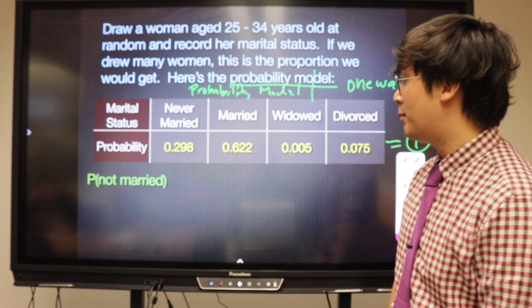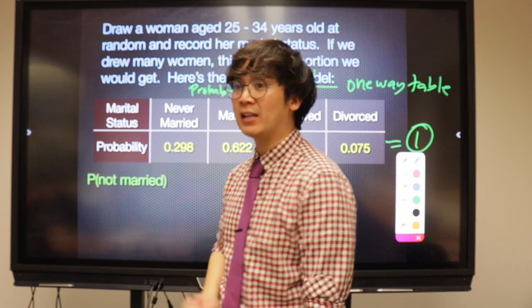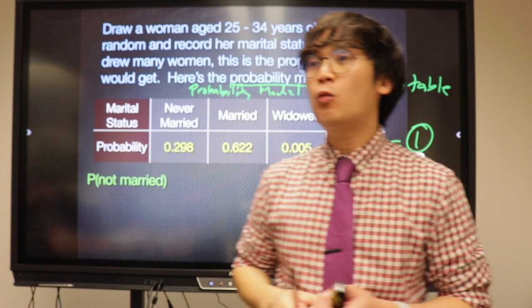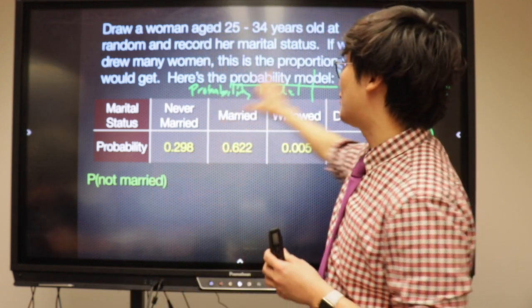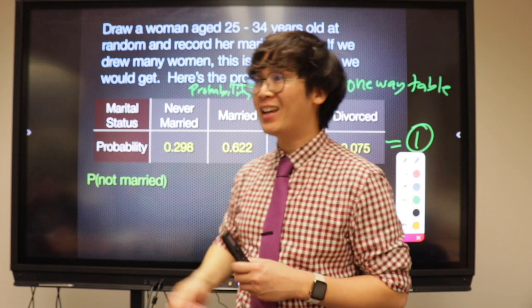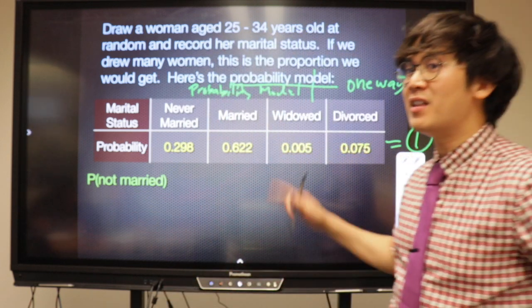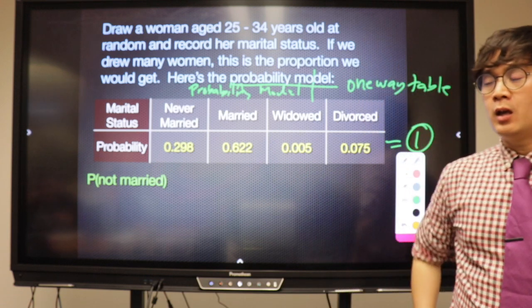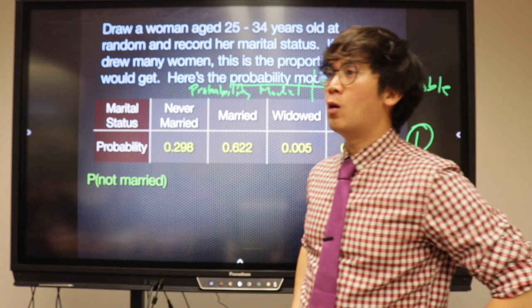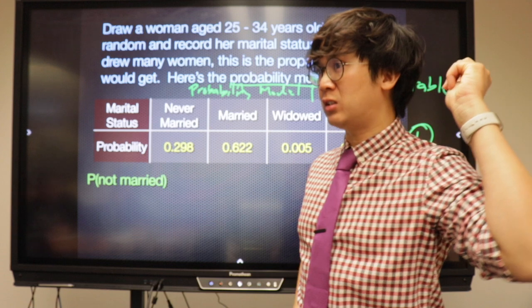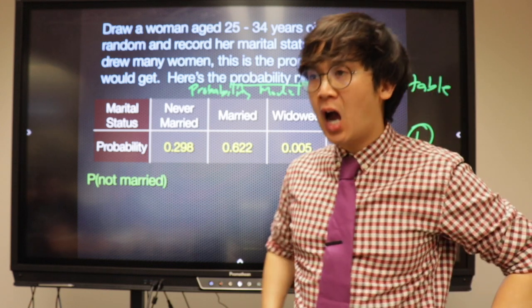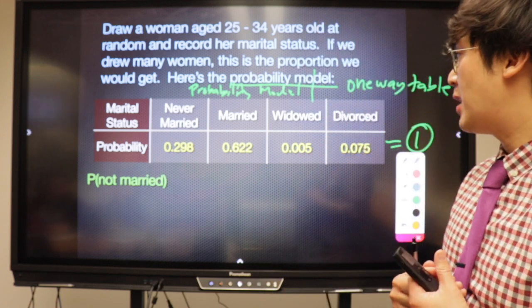Let's answer a probability question like this. What's the probability that when you select a woman from this particular probability model, it's a woman that is not married?